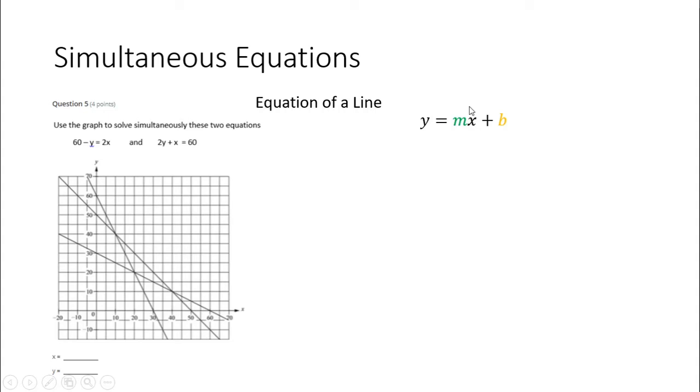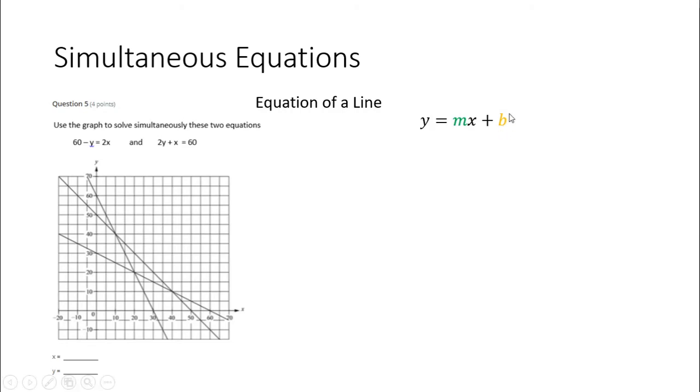What we like about this formula is the number that multiplies by x is the gradient. I'm putting that in green for you so you can remember gradient. Now the letter m is just always the letter that we use. But if you need a reminder for it, you could maybe think of a mountain and the steepness of the mountain. The gradient is the steepness of a line.